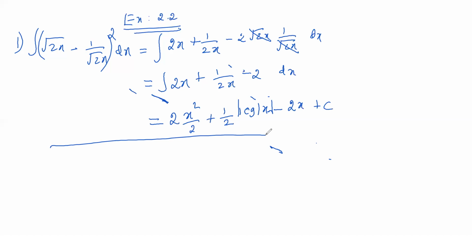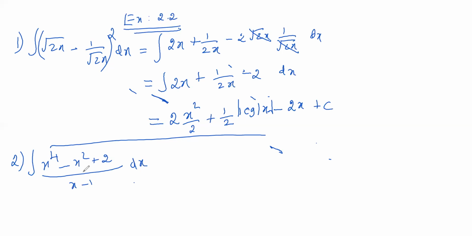Now the second one: the integral of x power 4 minus x squared plus 2, by x minus 1, dx. Which method can we use here? The numerator expression is x power 4 minus x squared plus 2 and the denominator expression is x minus 1.